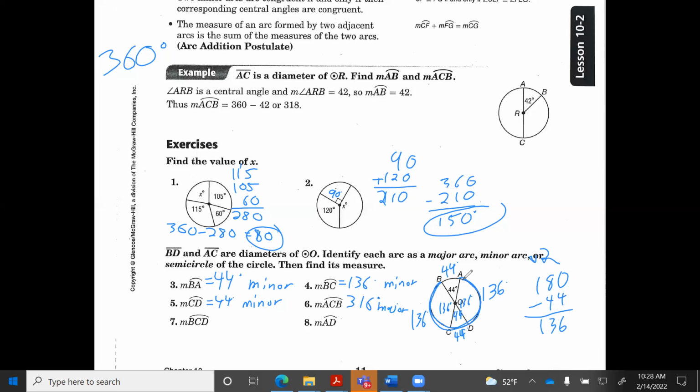All right, so now BCD. That is a semicircle. And then finally AD, we're back to only using 2 letters. So this must be a minor arc. And looking at AD, that is how many degrees? 136. So we got 136, and again, that's minor.